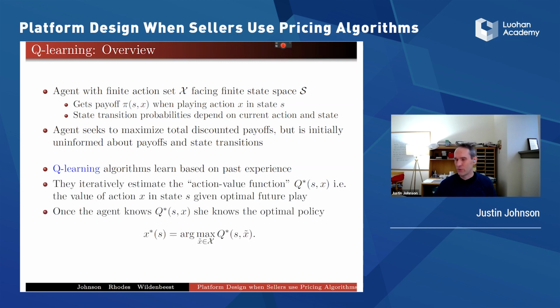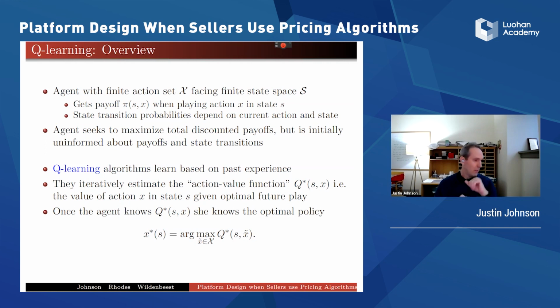And in particular, what Q-learning tries to do is iteratively estimate this particular function, which I call Q star here, called the action value function. It's important to understand at a theoretical level what this is.